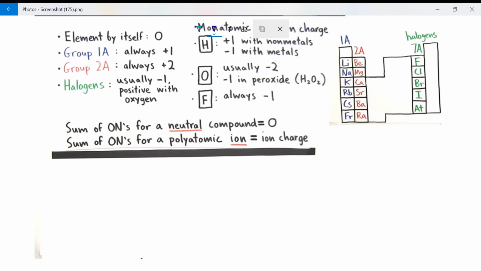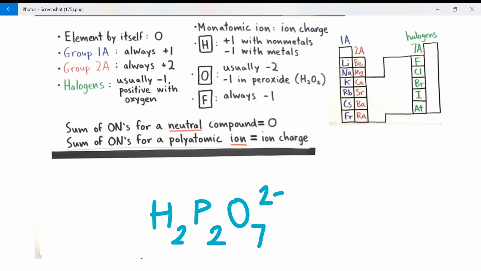Now let's go to the last example, which is a big one. H2P2O7, lots of elements. And to add on top, an ionic charge of -2. So we know all of this is going to equal -2 at the end.